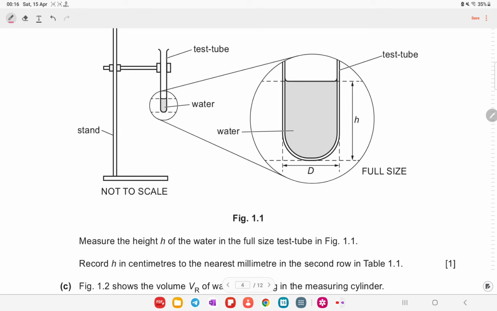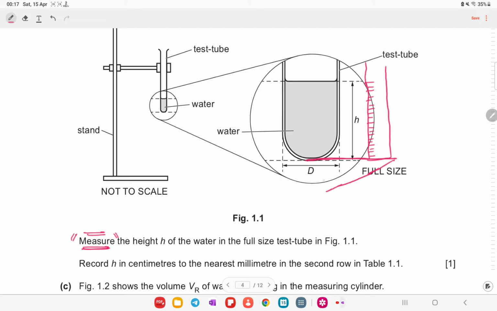Whenever a question asks you to measure something, it means you need to use your ruler. If you put your scale over here, you will find out the reading. Make sure to avoid the parallax error, the eye level should be the same.